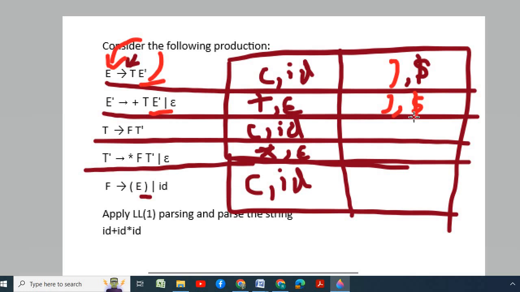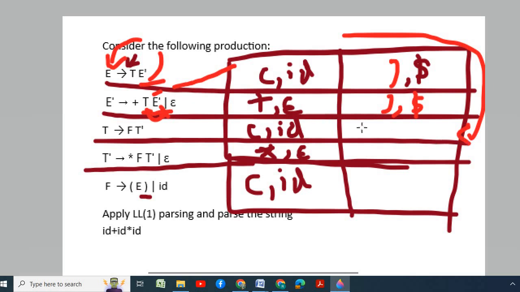Close parenthesis and dollar. And when we come to T, the follow of T requires us to visit E'. E' is a non-terminal, so when we write the follow of T, we have to write the first of E'.